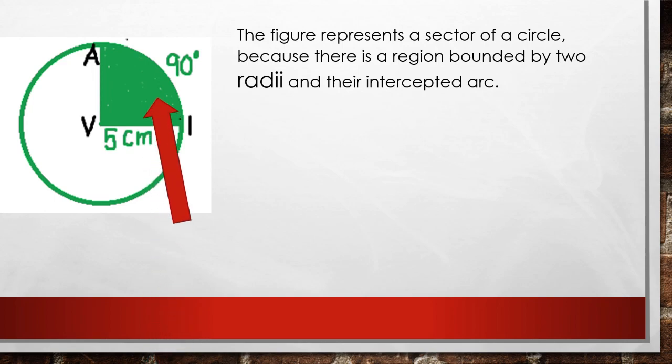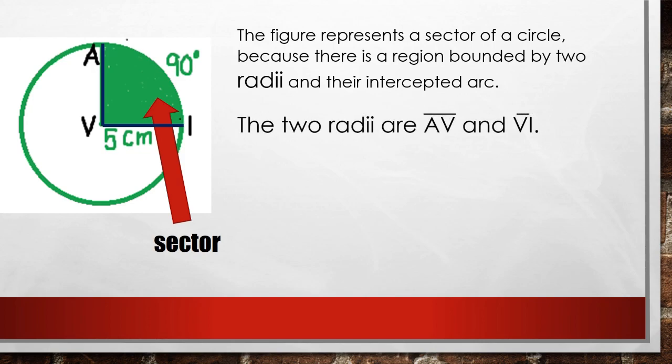Ito yung pinaka-region na binuo out of 2 radii at yung kanyang intercepted arc. Ayan, yung isang radius at ito yung pangalawa, and we call them segment AB and segment BI.